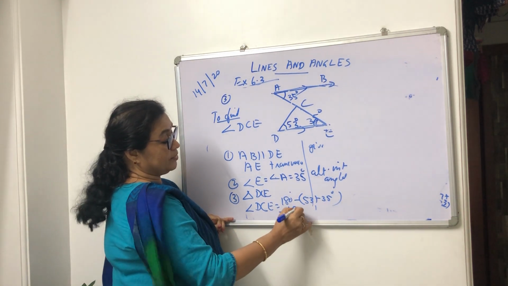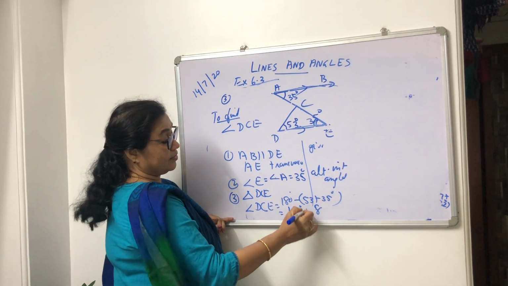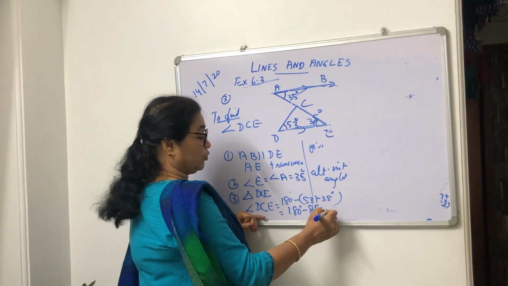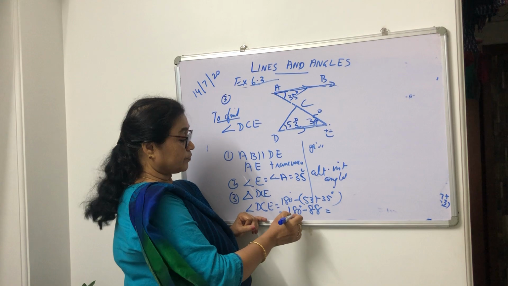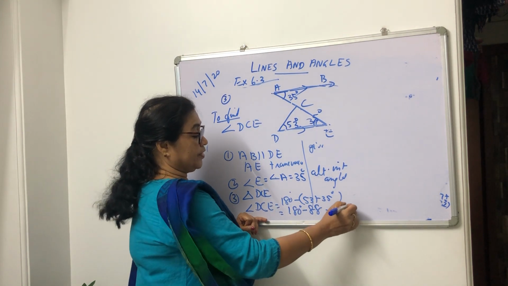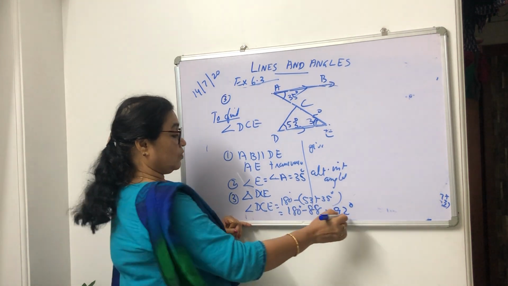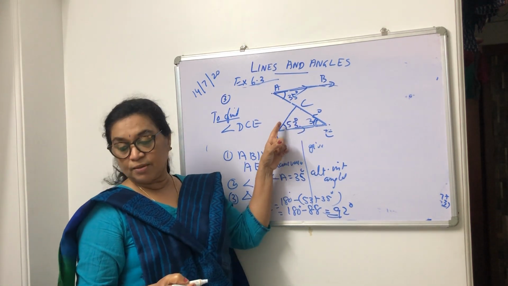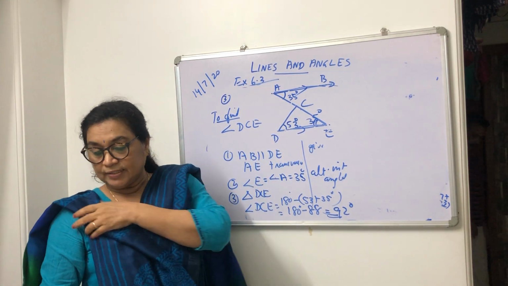That is 180 minus 88, which is equal to 92 degrees. Why have we taken 180 minus this? Because of the angle sum property of a triangle.